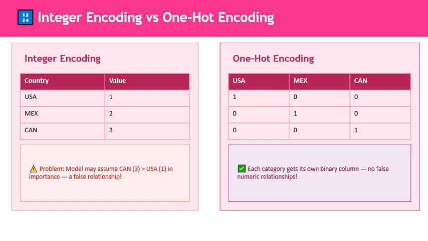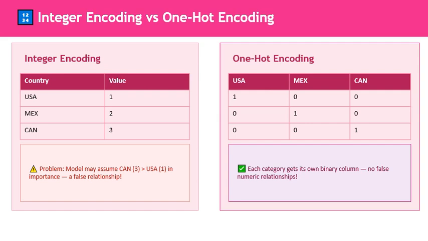The problem here is that the model might incorrectly assume that Canada is superior to Mexico and Mexico and Canada are superior to USA. But countries are categories, not ranking. So we have one hot encoding. Instead, we create one column for each category, USA, Mexico, Canada. Each row contains a 1 for the correct category and 0 for the others. This avoids creating false numerical relationships.